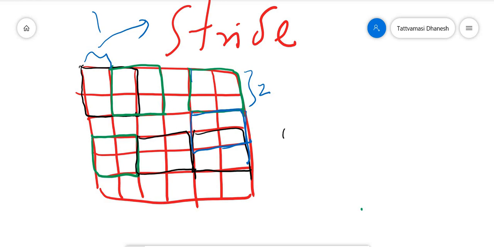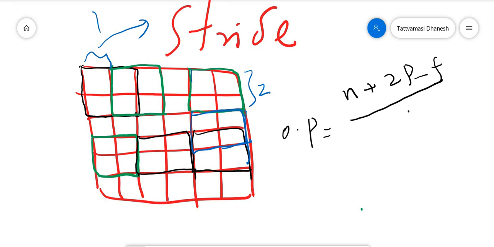The formula for output is equal to (n plus 2p minus f) divided by s, plus 1. So this is the output.